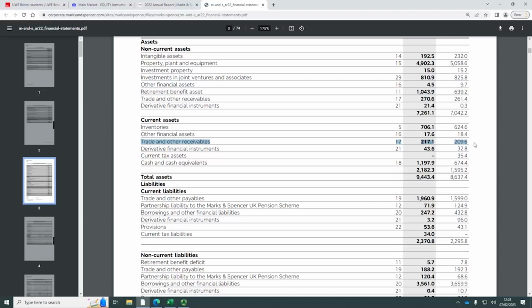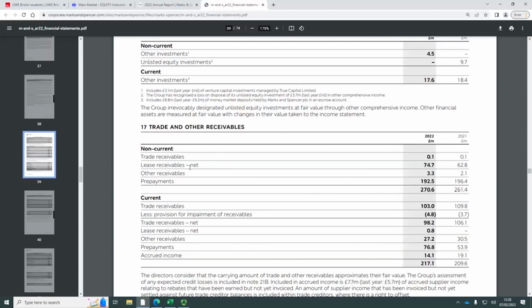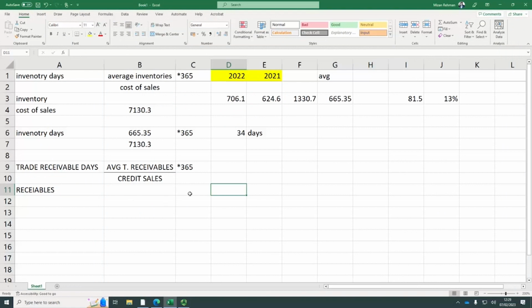So what we need to do is go into note 17 and look at the figure for trade receivables. Figures are given in two different areas, non-current and current. So we'll pick the figure for trade receivables from current, 103 and 109.8.